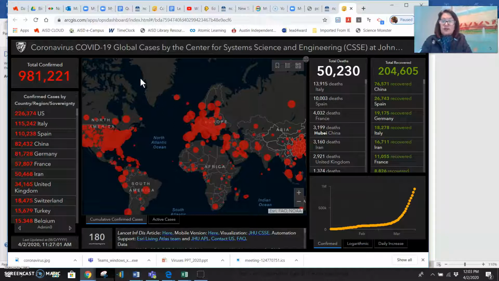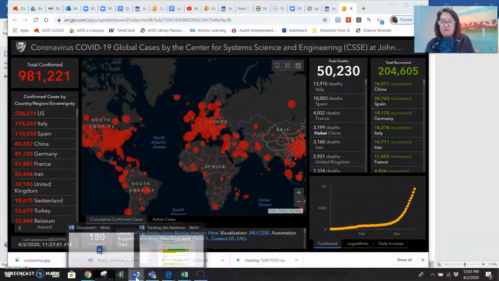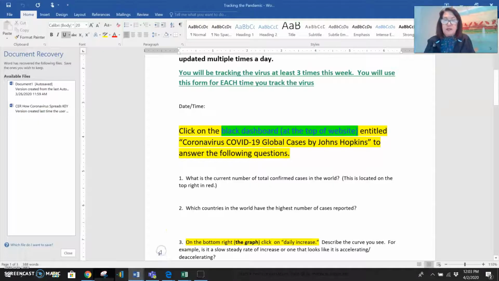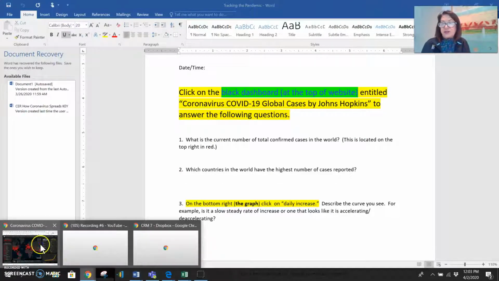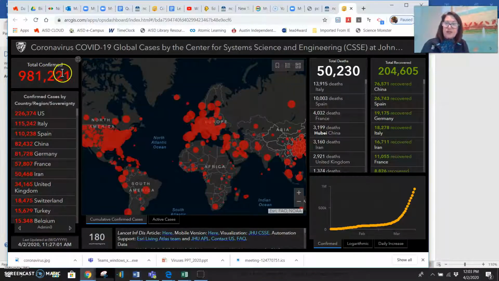Okay, so if we look at our paper, we clicked on the dashboard and it says, what is the total number of confirmed cases in the world? So this is located on the top right side in red. So if we look there, this is right here, this top right side in red. So total confirmed.